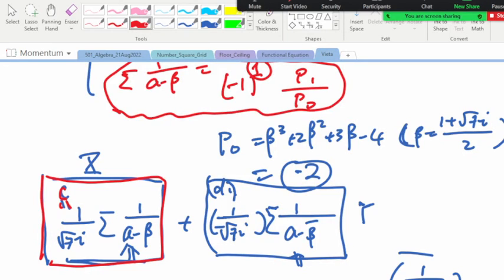Okay, so C is 1/7i over A minus beta, right? Jonathan, did you see D? D is negative C. Yeah, it is 1/-7i over A minus beta conjugate, right?